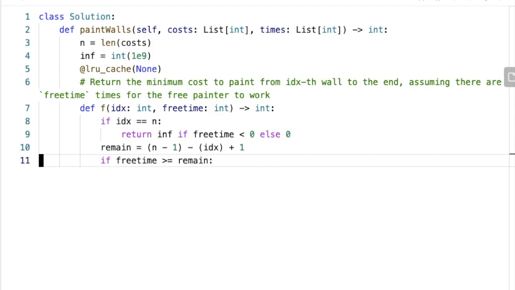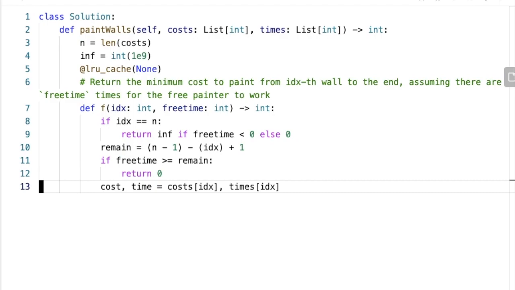But anyway, the free painter only costs 1 unit of time to paint one wall, and we have free time more or equal than all the remaining number of walls. So it means we can use the free painter to paint all the remaining walls. That's why it's just going to return 0 in this case.